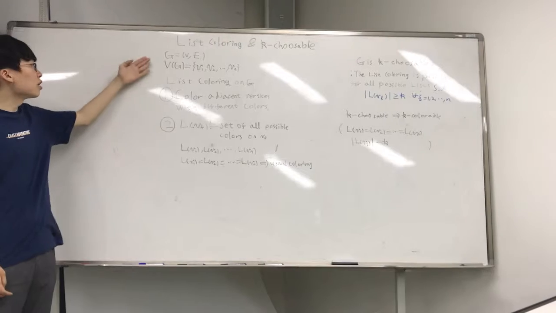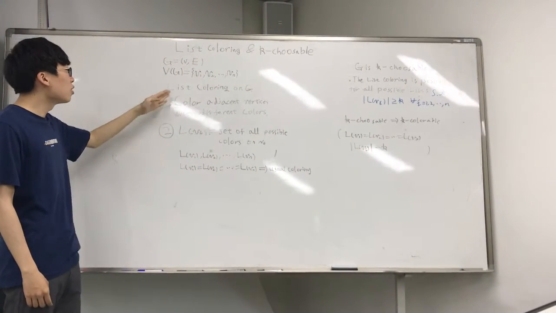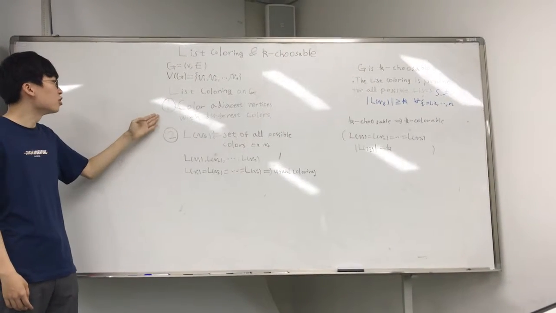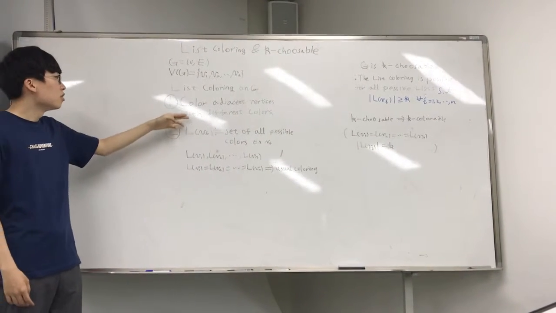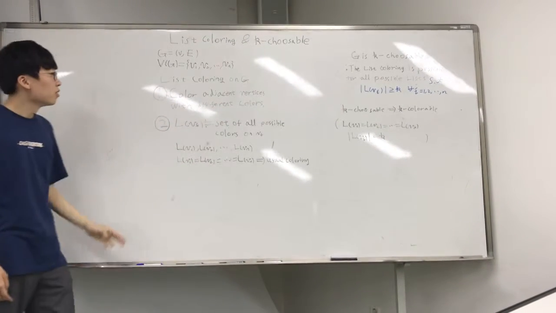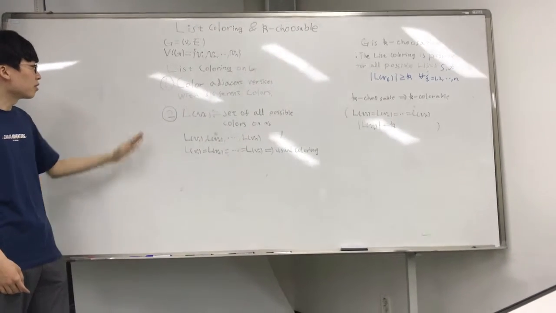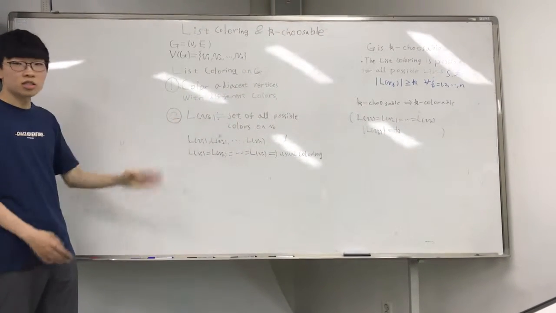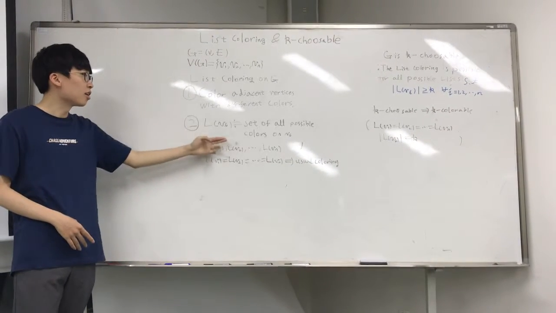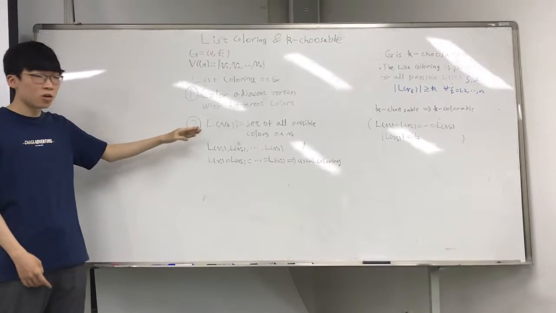First, consider a graph G which has n vertices. The list coloring on G is a coloring under a more restricted condition. First, color the adjacent vertices with different colors. This is the same as the usual coloring, but next, there is a restriction on the possible colors of each vertex vi. This is the difference between list coloring and usual coloring.